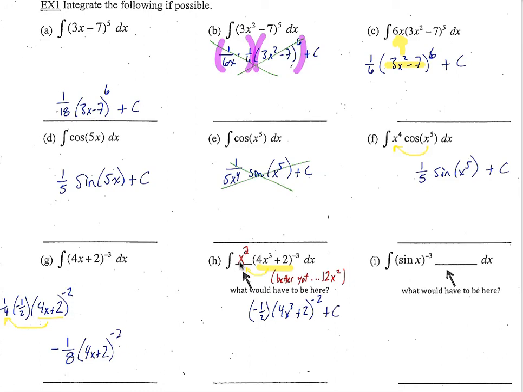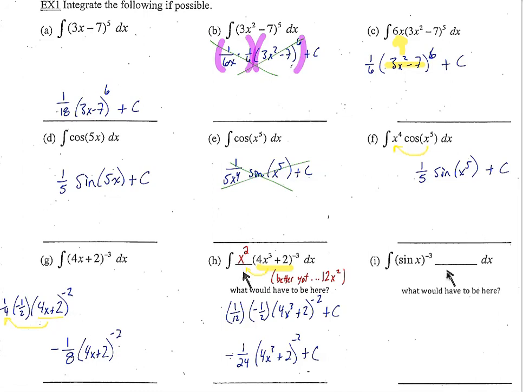Put our c on the end, and then we're going to need to get a 1/12 to balance the coefficient of the derivative of the inside function, which means when we're all said and done, we have negative 1/24 4x cubed plus 2 raised to the negative second plus c.